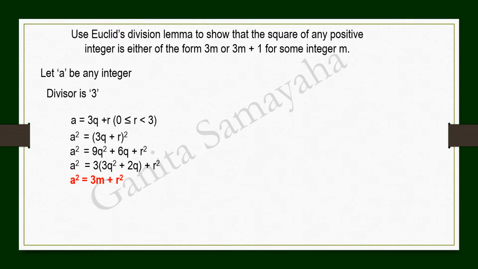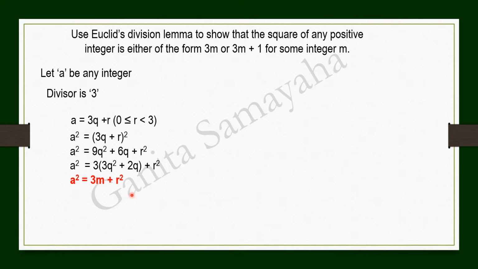Okay. So, now the final result will depend upon this r. Isn't it, children? What are the values of r? We have 0, 1 and 2. So, we will use those values 0, 1 and 2 to establish whether we are getting 3m or 3m plus 1.